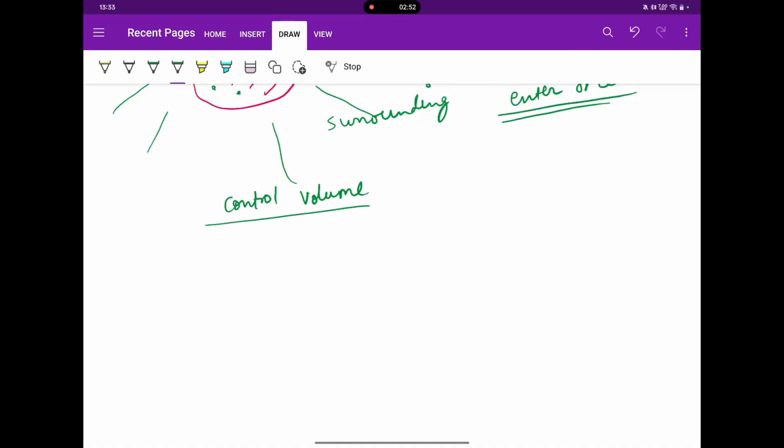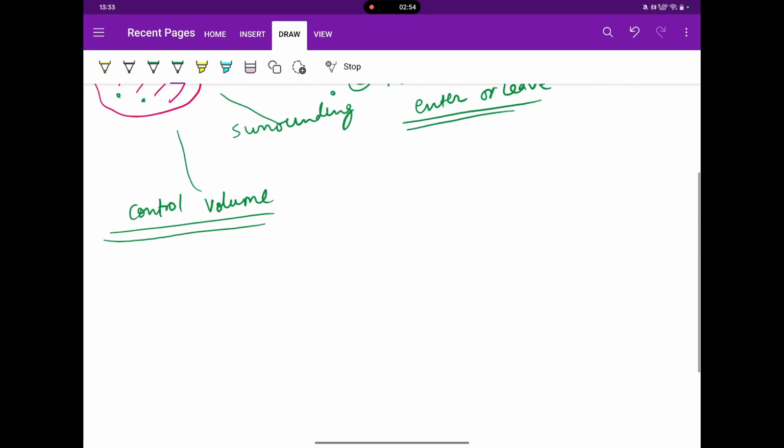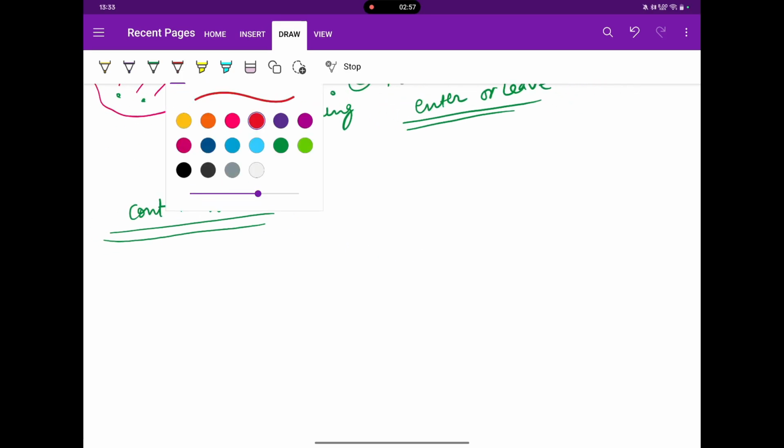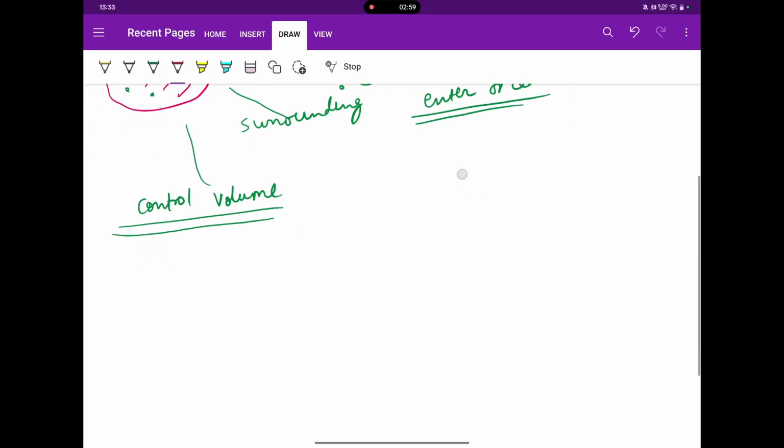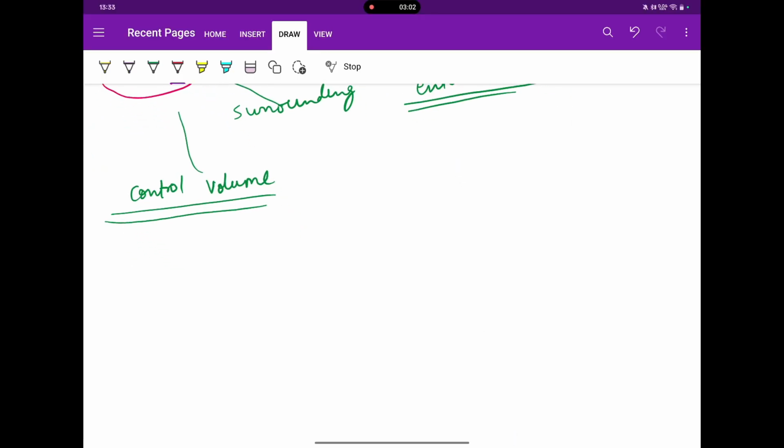Now how do we define a control volume? So when we talk about control volume, I'm building this so that it will be helpful later on.